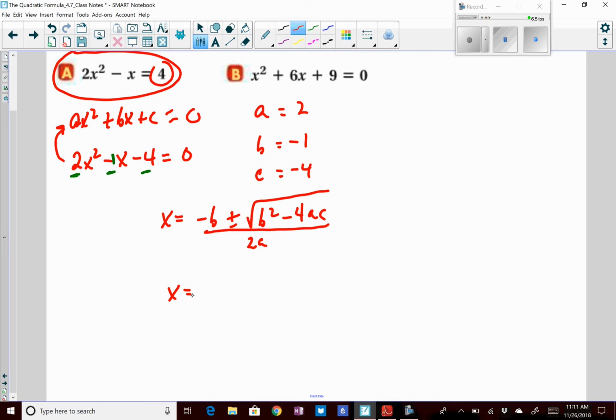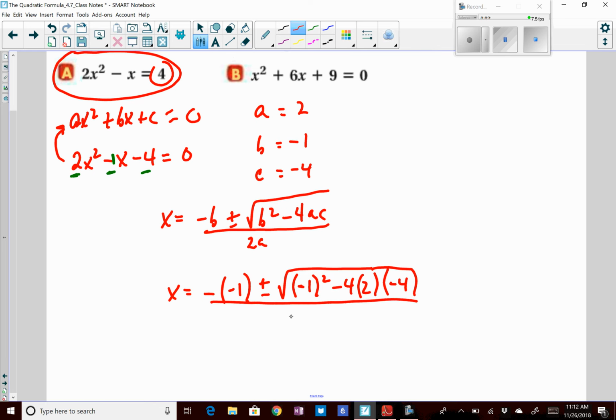So x equals negative, so b is -1, plus or minus the square root of, so -1 squared minus 4 times a is 2, and c is -4. That's all over 2a, or in this case, 2 times 2. All right, so we've successfully substituted everything into the formula.